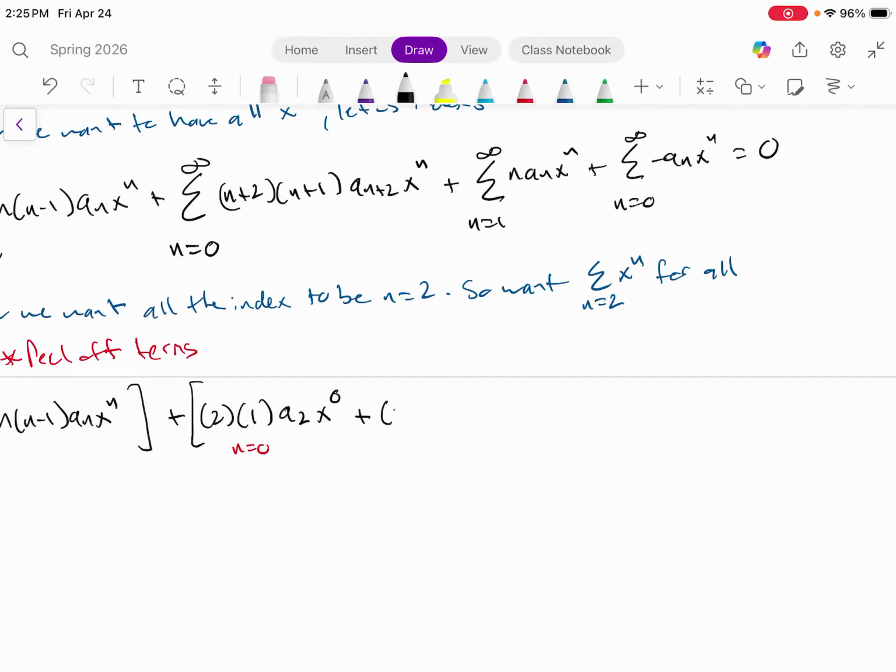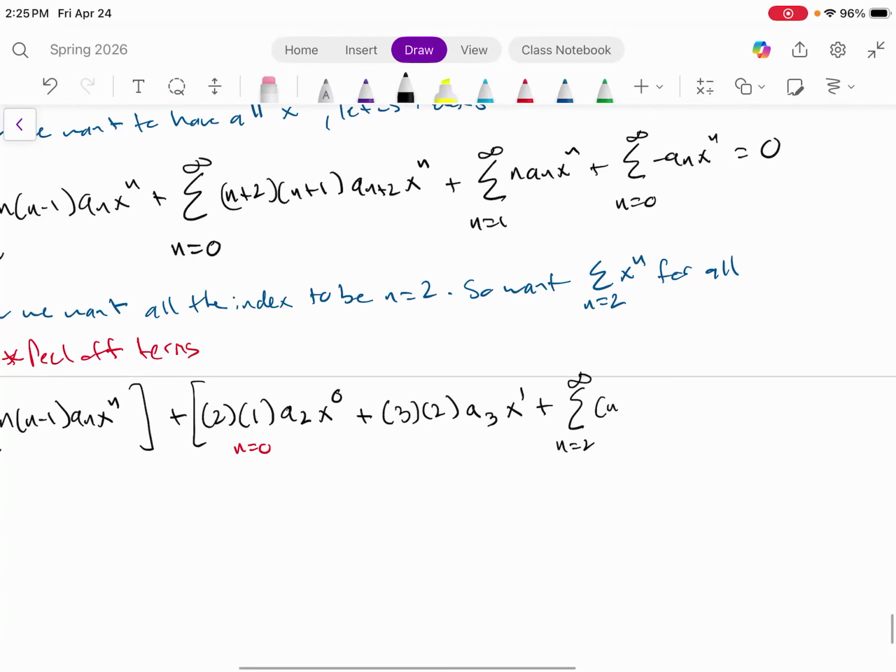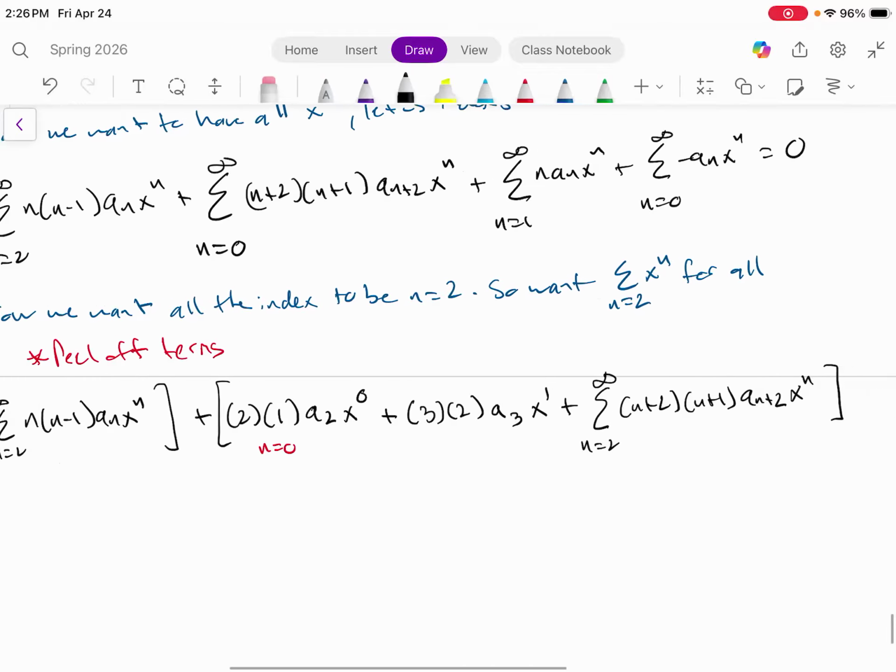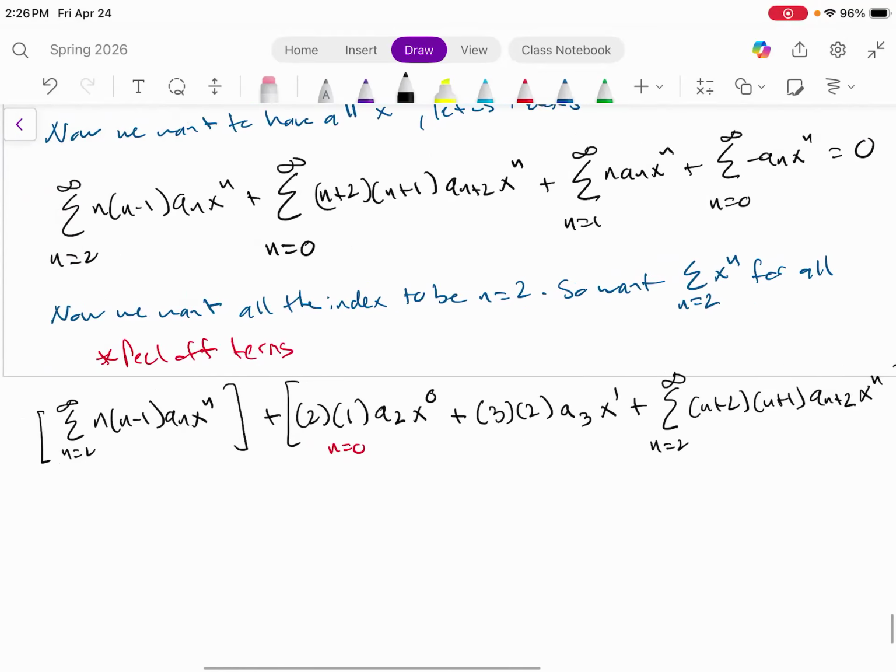This would be 3 times 2, a sub 3, x to the first power, plus the series is now starting out at n equals 2. Okay, so that is the second term.